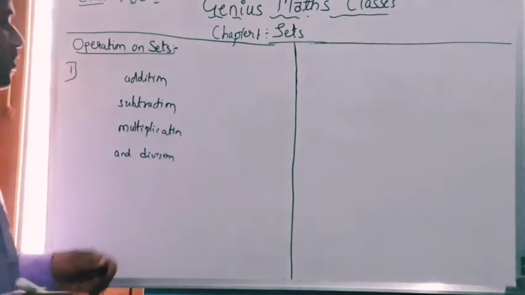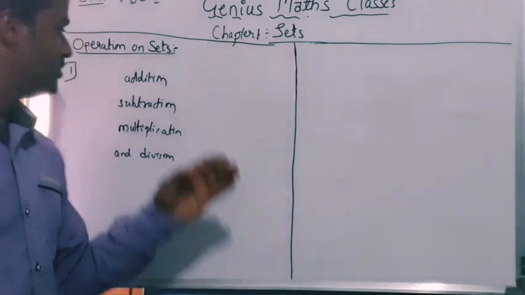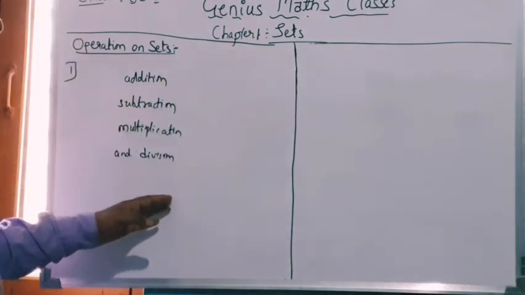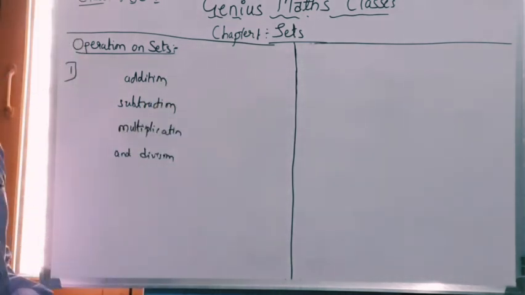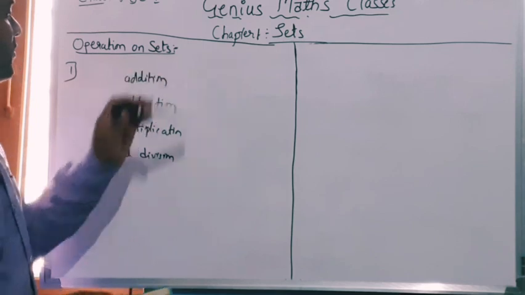These four operations we have studied with numbers, and they are very fundamental and basic operations. Similarly, we have operations on sets.